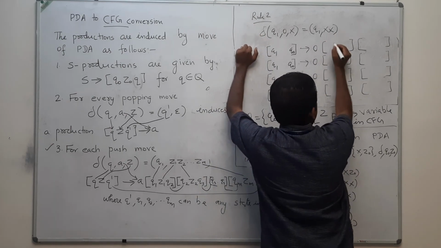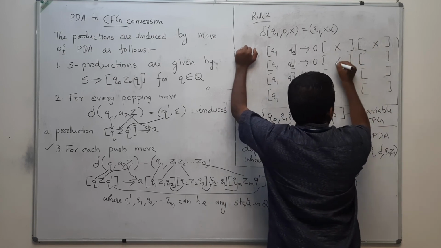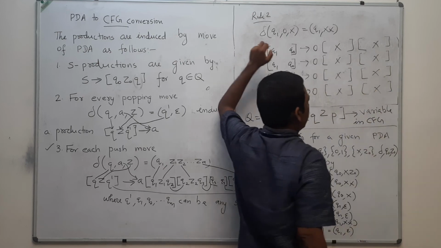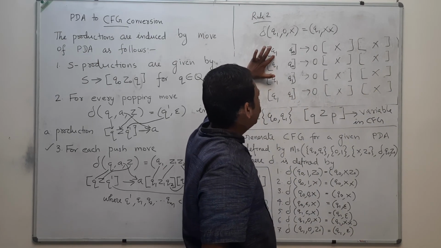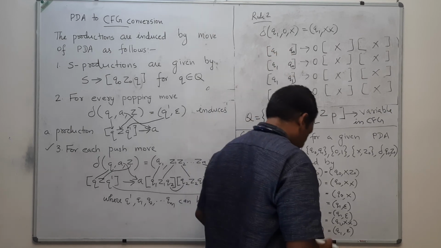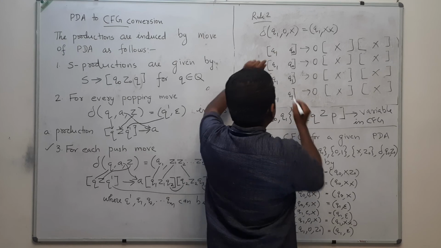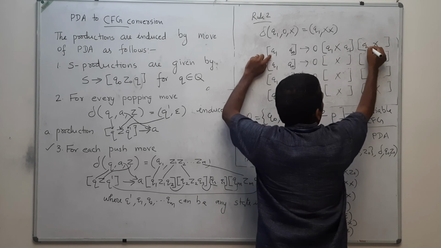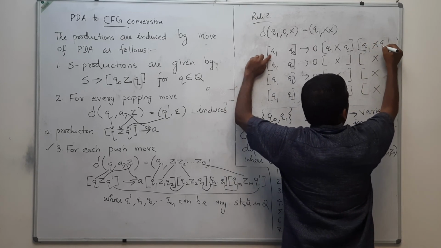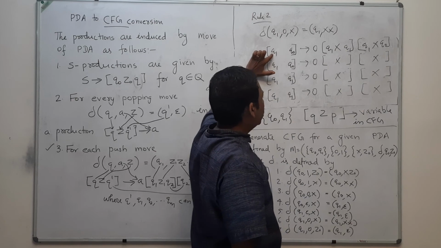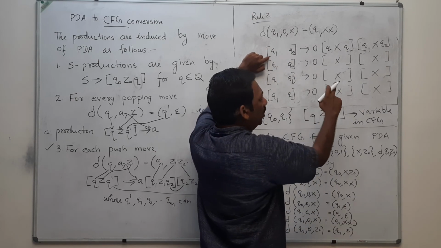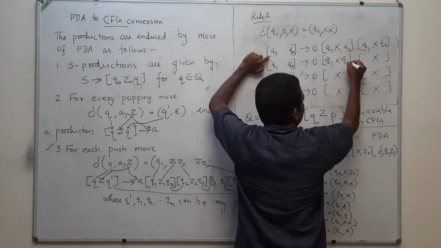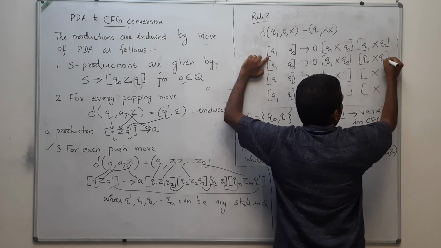Then x x, so here it is x, x x, x x, x x. Now you have to start from Q1 and reach Q0. There are two possibilities: Q1 to Q1 and then Q1 to Q0, and Q1 to Q0 and then Q0 to Q0.